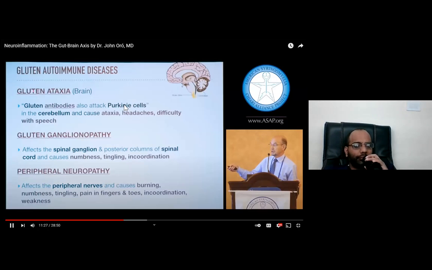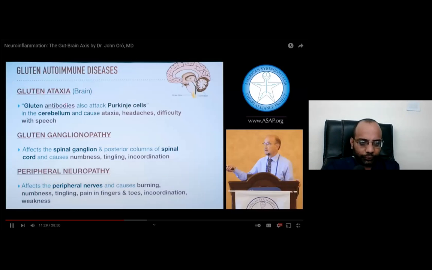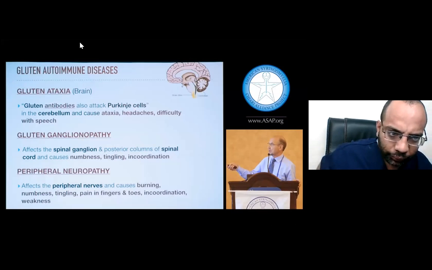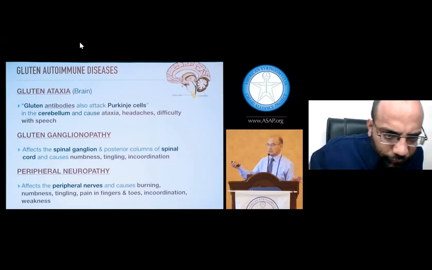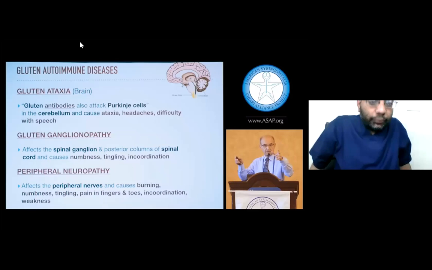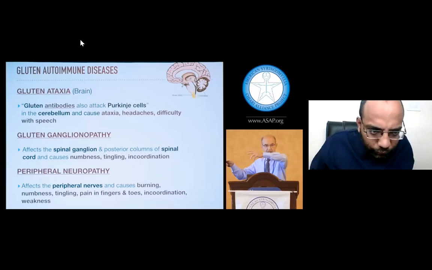Well, one of the worst conditions is gluten ataxia. The gluten antibodies attack the normal Purkinje cells of the cerebellum. So this is an autoimmune disease. Your body is trying to defend, and unfortunately it mistakes some of our normal tissue and destroys it.